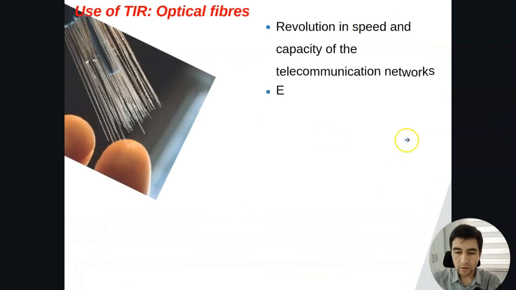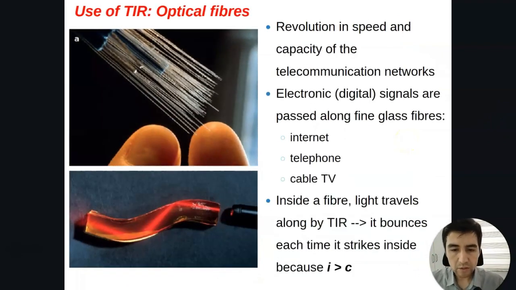Alright, let's continue. Next, we have the uses of total internal reflection in real life applications. The first one is optical fibers. It revolutionized telecommunication and signal processing technology, bringing a revolution in both speed and capacity of telecommunication networks around the world.